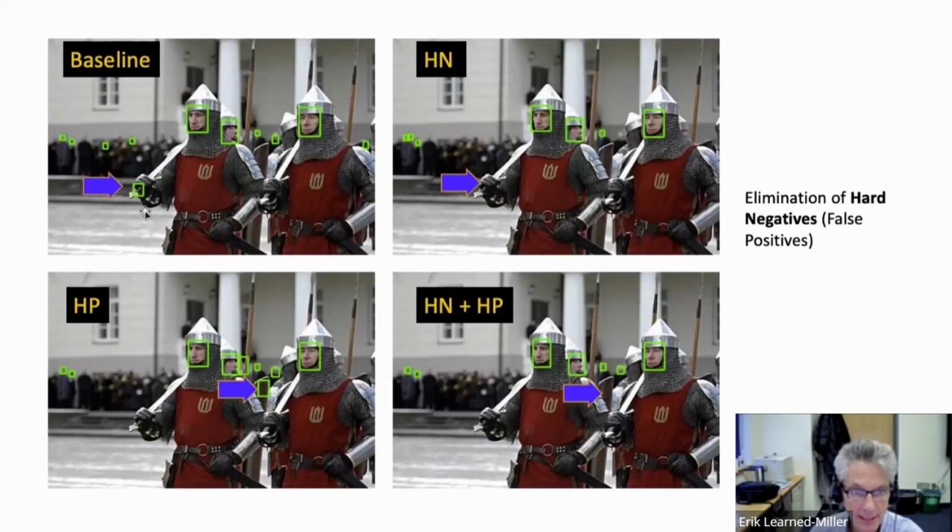Here is a tiny piece of this soldier's hand that was detected as a face by the baseline system. Why did it detect it as a face? Nobody knows. That's the result that came out of training, okay? But when you go down here and look at the example we retrained based on the hard negatives and hard positives, oh, this arrow is actually pointing at the wrong place.